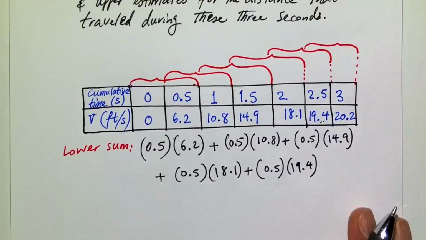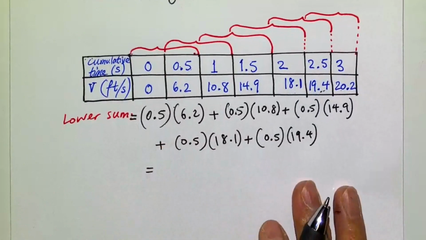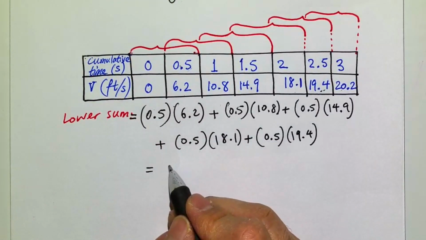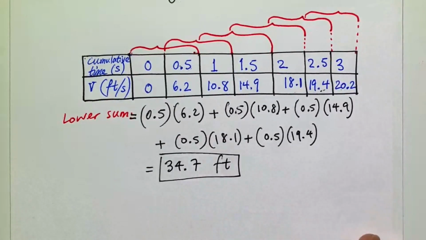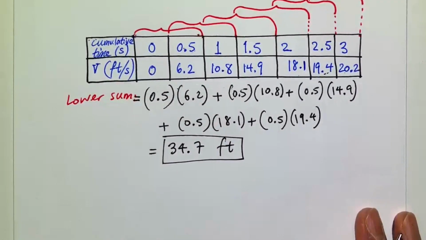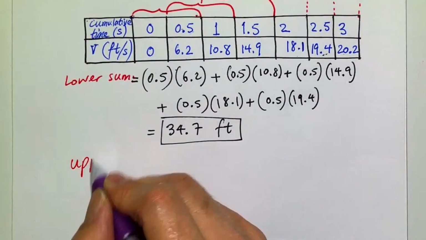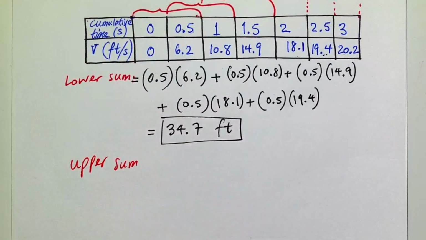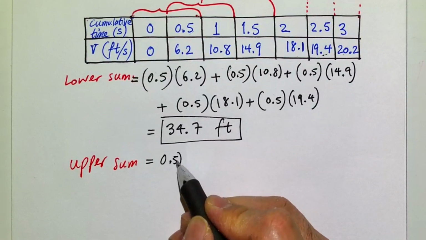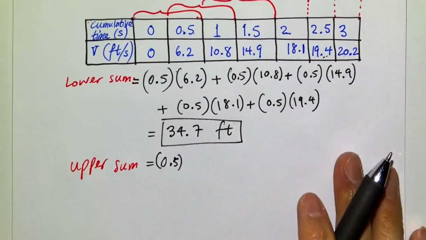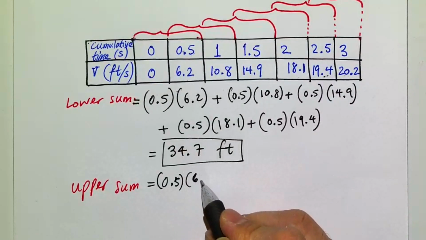So we stop there. If you add all of this, hopefully your answer will agree with mine. 34.7 feet is what we estimate the runner must have run. And the upper sum would be 0.5 times 6.2 again, for this interval.